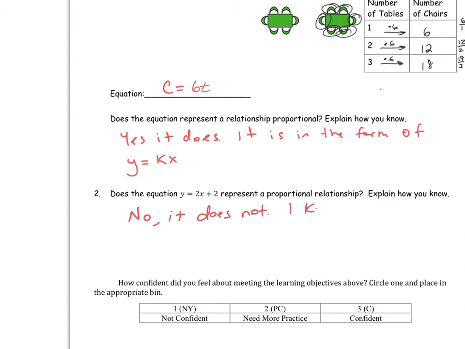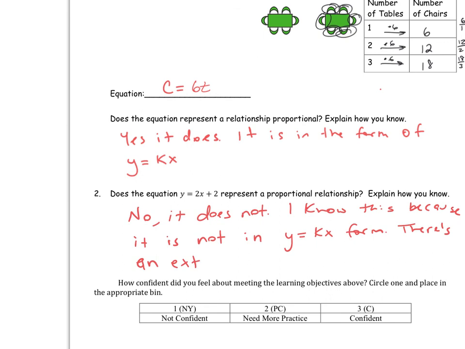I know this because it is not in y equals kx form. There's an extra 2 being added. So because of that extra 2, that's right here, it is non-proportional.